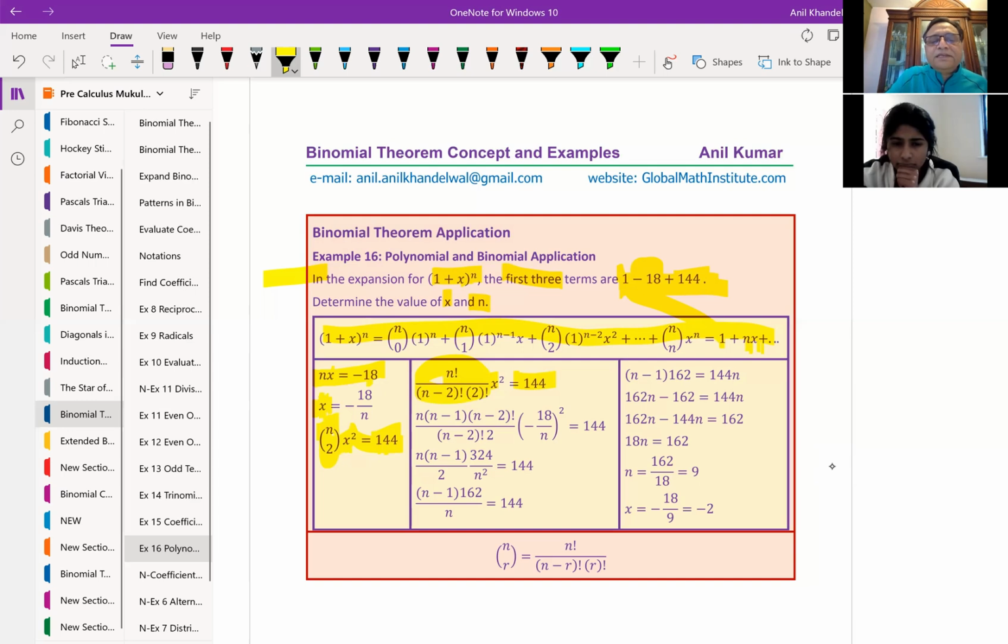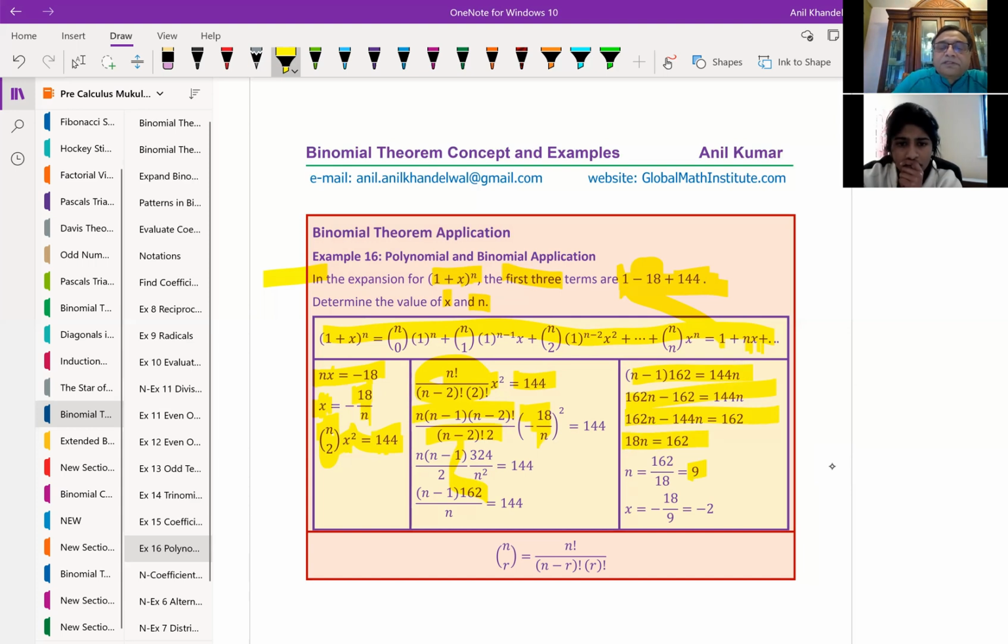Now we know x is 18 over n. We substituted x with 18 over n to get our equation only in terms of n. Now since there is only one unknown n, we can always find that value. So just expand and simplify. When you do so, follow some steps as shown here. You do get the solution, the value of n comes out to be 9, correct?